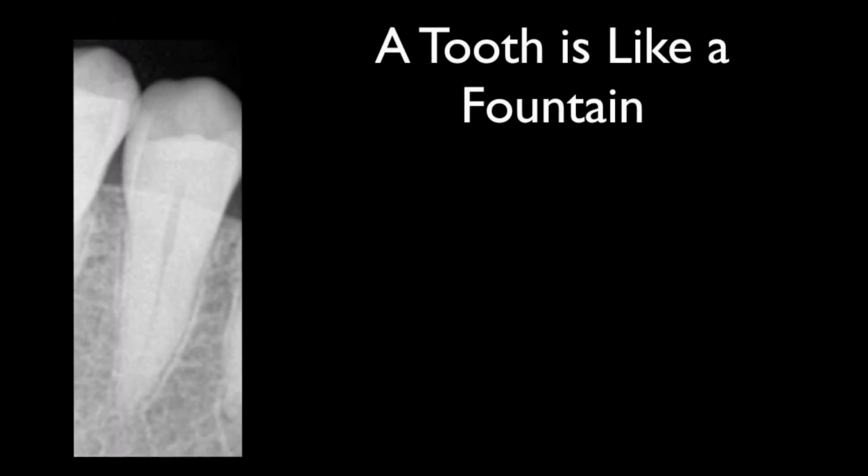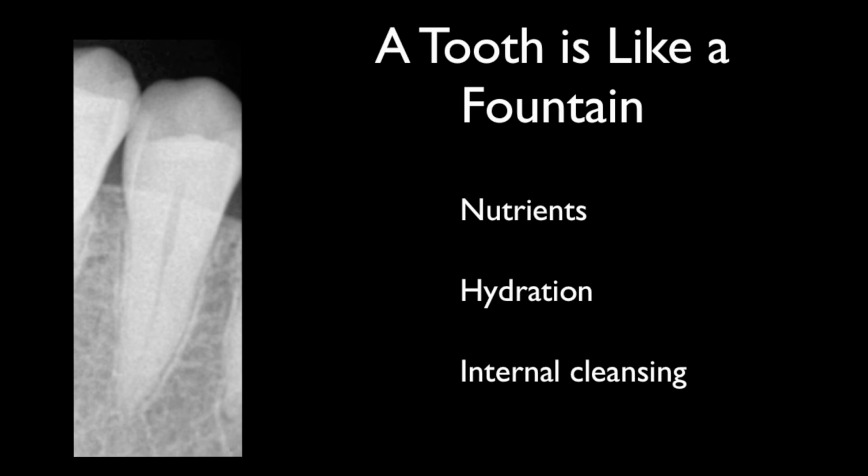For a moment, I'm going to digress a little bit about tooth structure. A tooth is like a fountain. Each is a complicated living structure that requires nutrition, hydration, and internal cleansing. To that end, blood vessels, lymph, and nerves enter into the hollowed pulp chamber through its base.